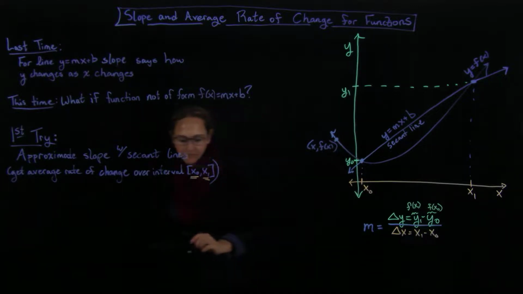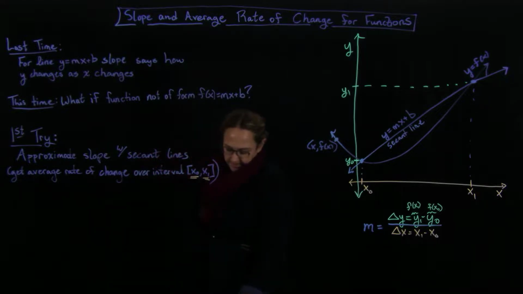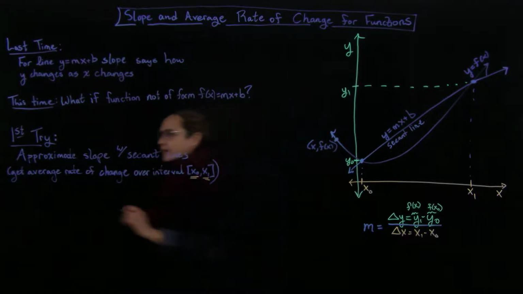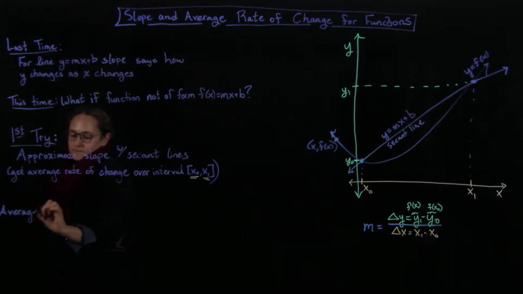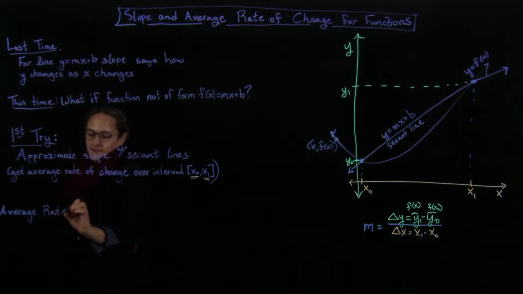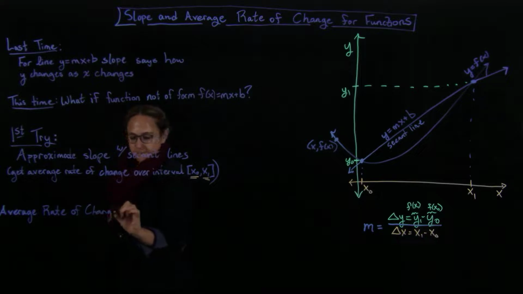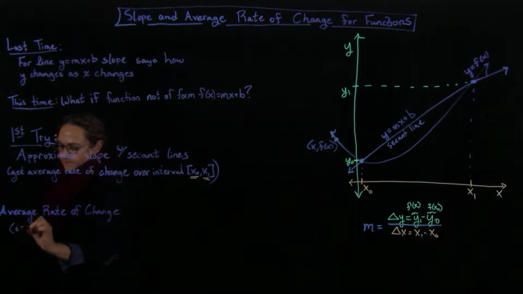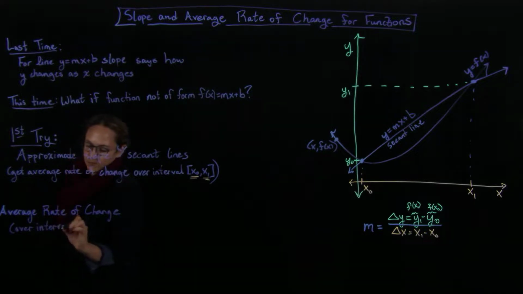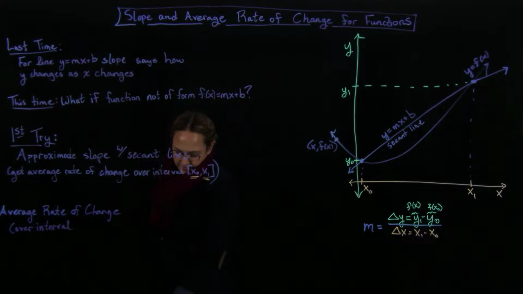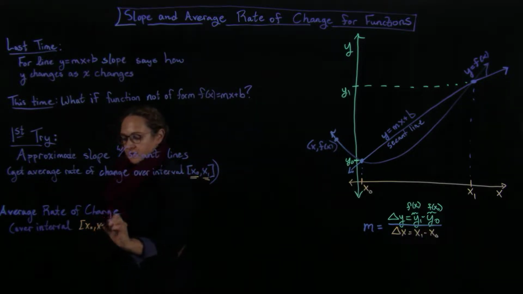So what we're going to get is that the average rate of change over this interval, where now I can remember that this is an input interval, so I can already write it in this orange.